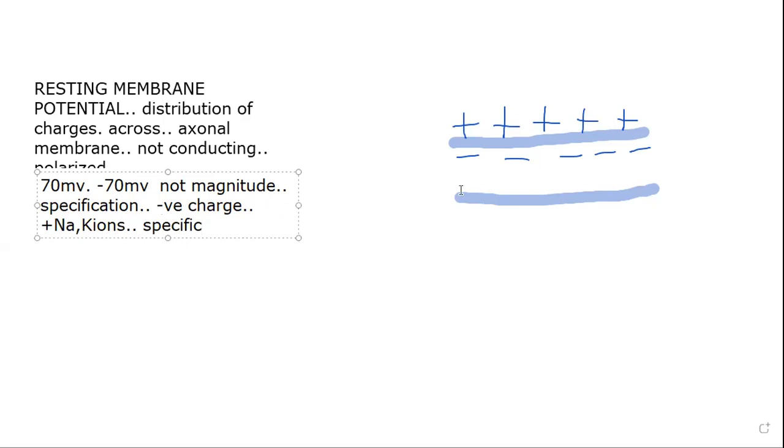This is the internal area and this is the external area of the neuron. Sodium and potassium are present in a specific balance, and in a specific balance, they are present in a specific concentration.